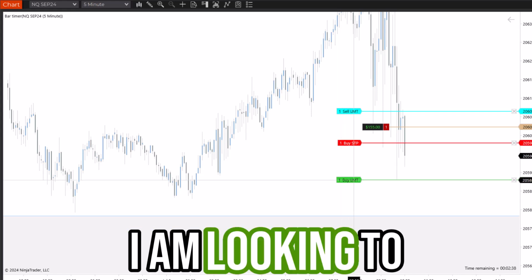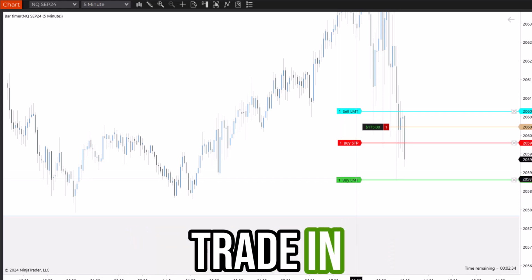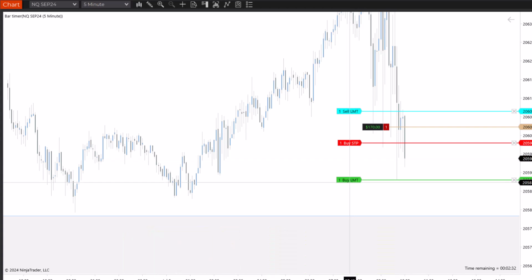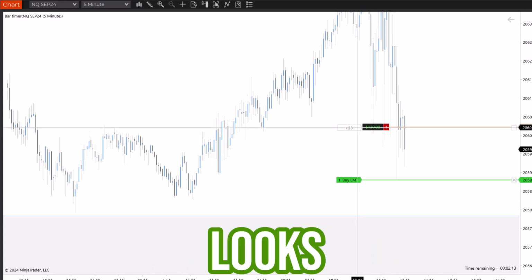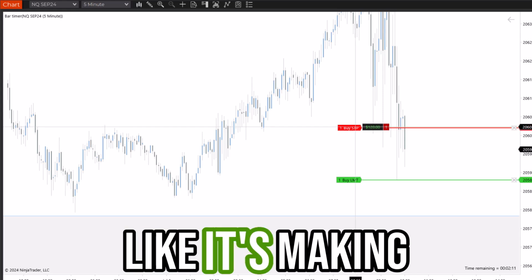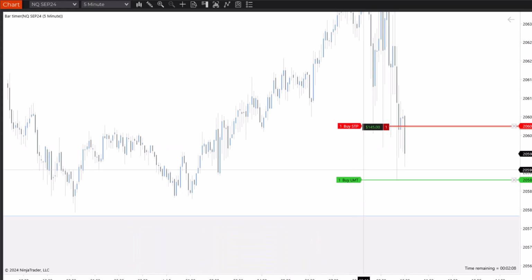I am looking to get out of this trade in a little bit here. We'll give it a little bit more room. It kind of looks like it's making its mind up here.